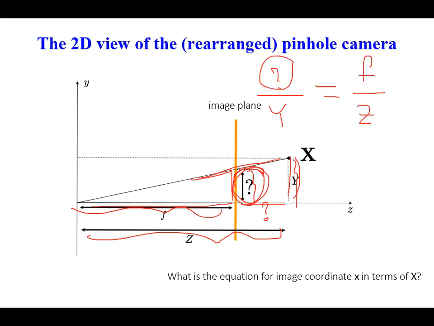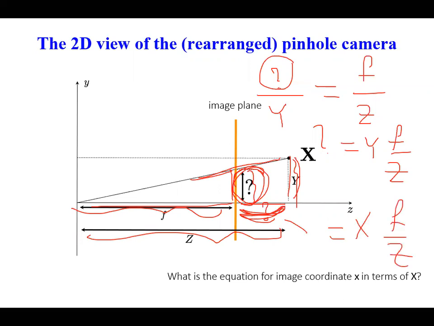So this is equal to y f divided by z. Correct? You can do the same, and you can get also that this is equal to x f over z. So now we have a relation. Now we can relate this particular point dimension to this particular point dimension.